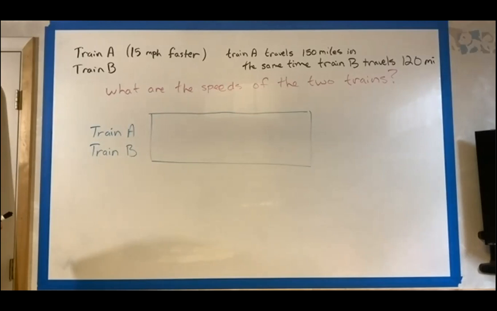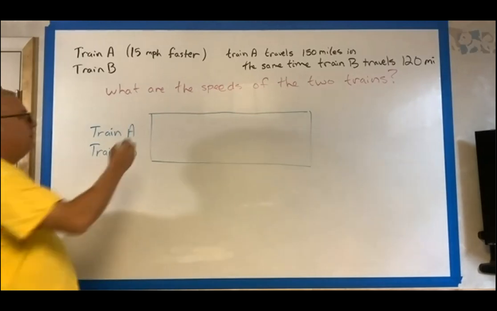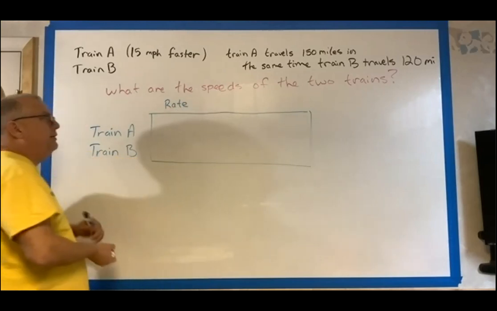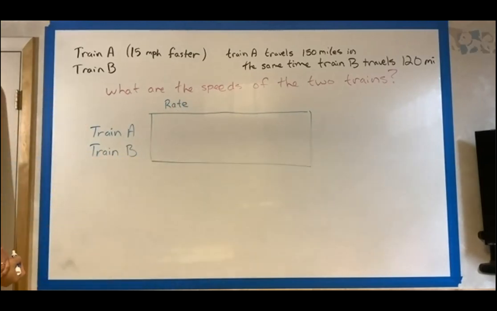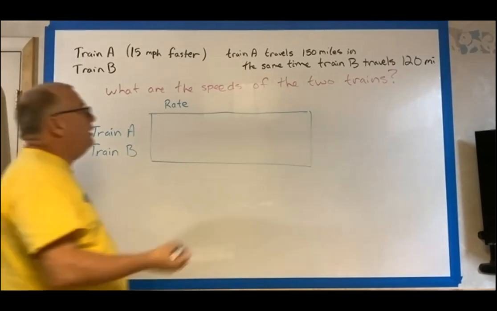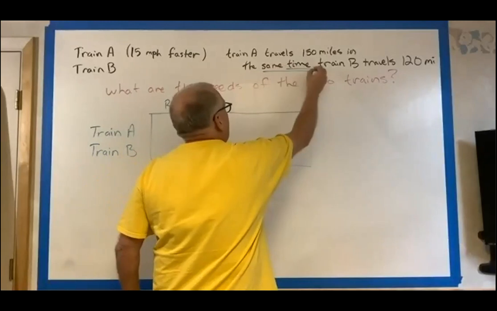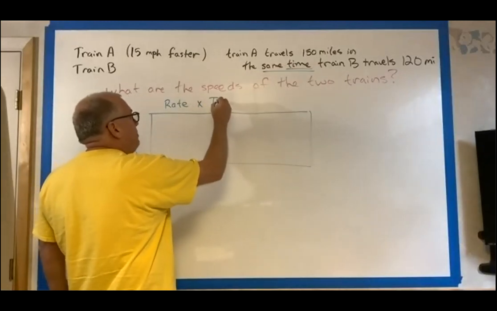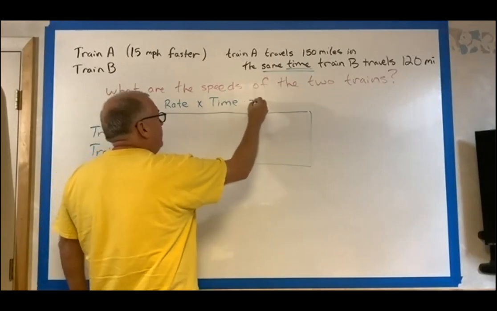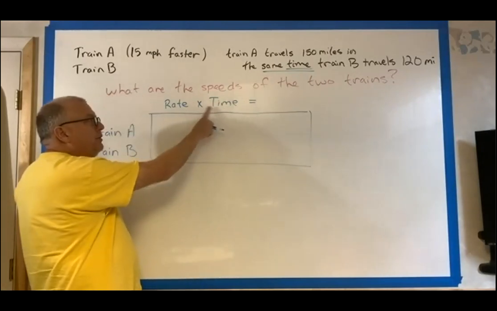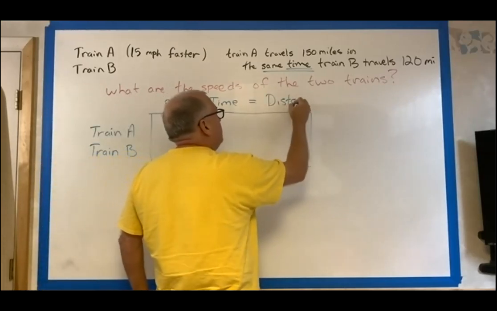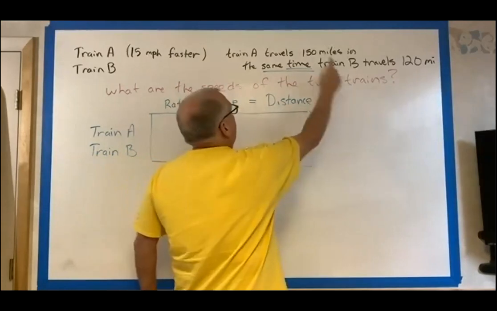The key fact is a speed, and people traditionally call that the rate of the train. The speed is the rate of travel. The other key word up here on the board is time. Time, same time. So rate times time is a very common idea. When you do rate times time, you get distance. That's the other thing on the board.